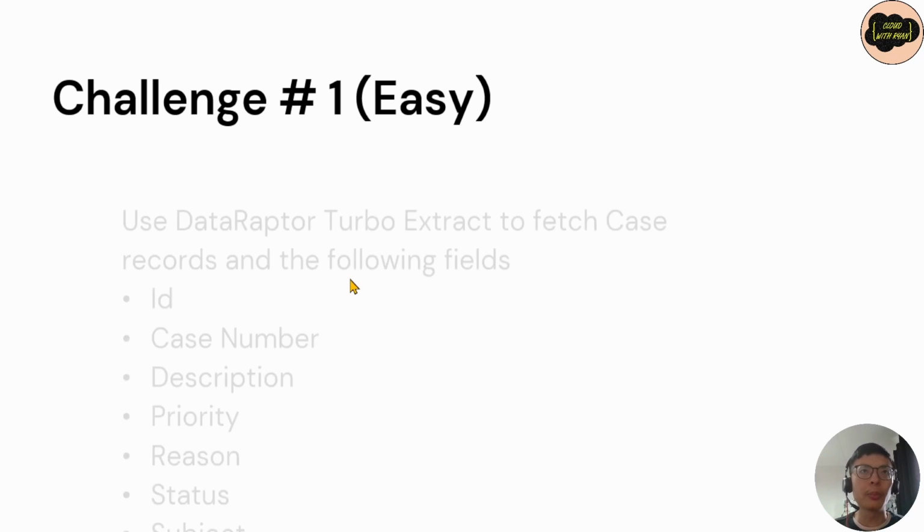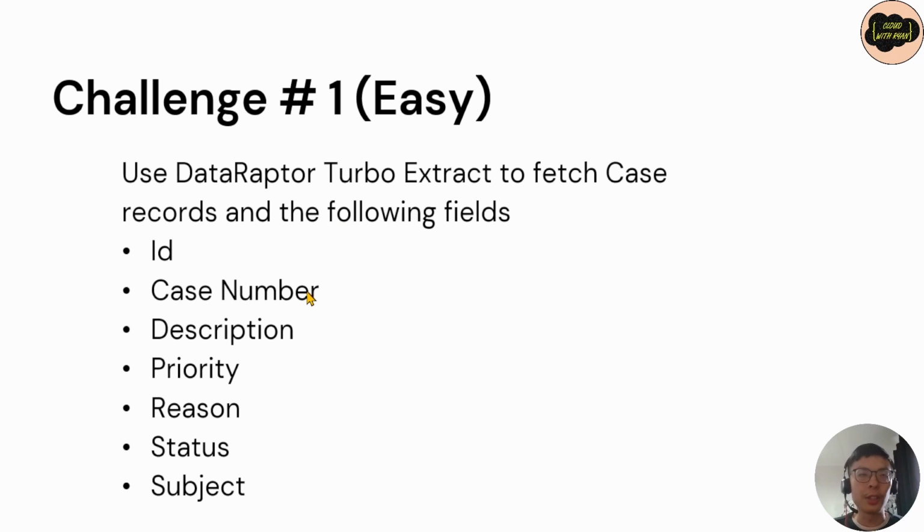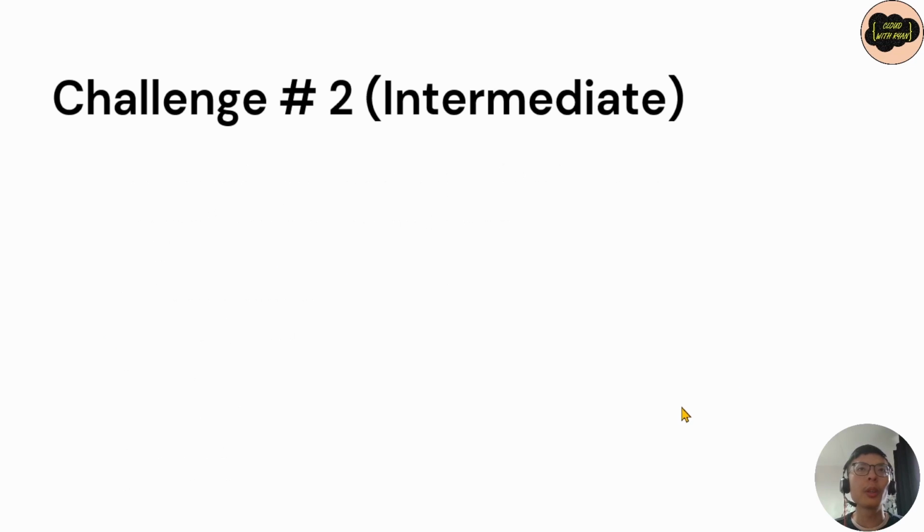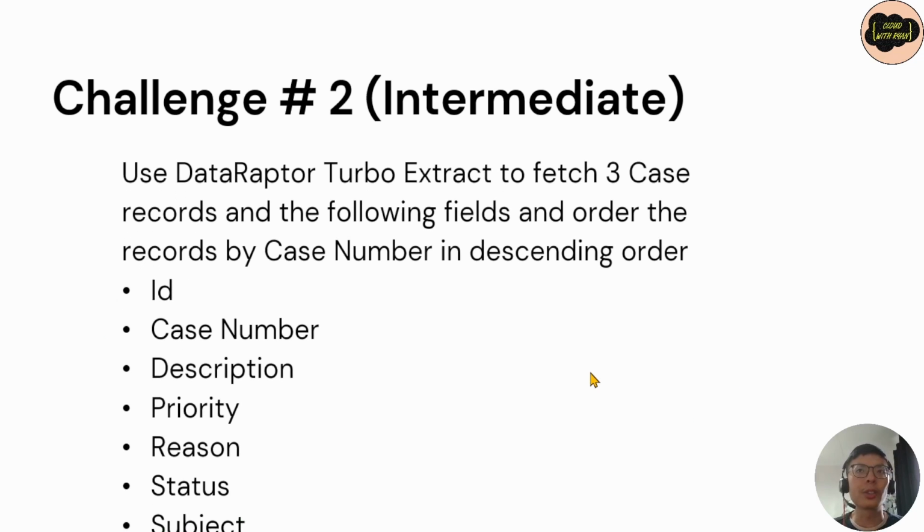So coming up, this is an easy one to start with: using Turbo Extract to fetch case records and the following fields. This one is slightly harder: using Turbo Extract to fetch 3 case records and the following fields, and order the records by case number in descending order.